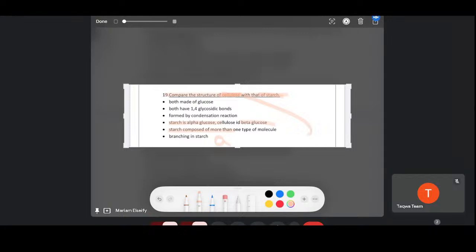Cellulose is straight, starch is branched. They're both made by condensation reaction. They both have 1,4 glycosidic bonds, while starch also has 1,6 glycosidic bonds. That's why it's branched. And they're both made of glucose. Starch is made of alpha glucose, cellulose is made of beta glucose.